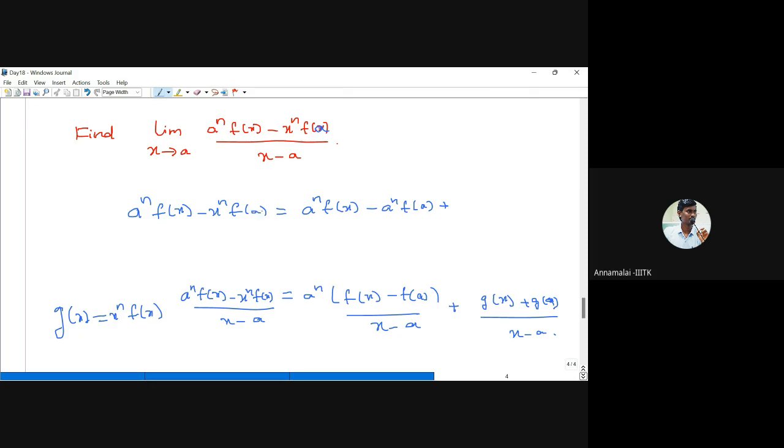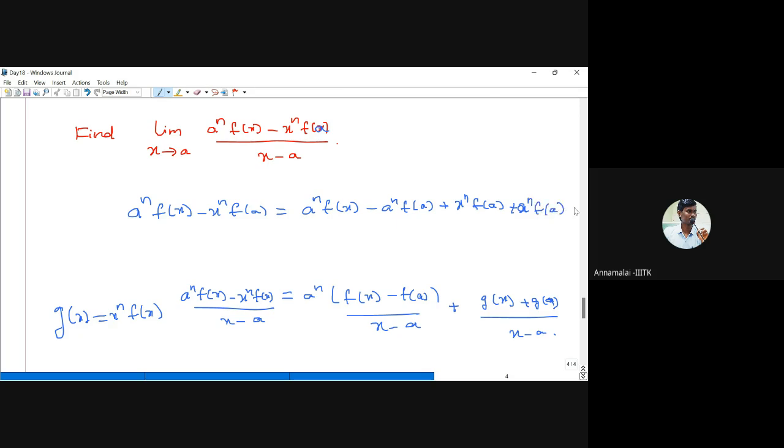So now we can add a^n into f(a). Otherwise you can add x^n into f(a) and then subtract. Okay, therefore x^n into f(a). So better, sorry, a^n f(a).